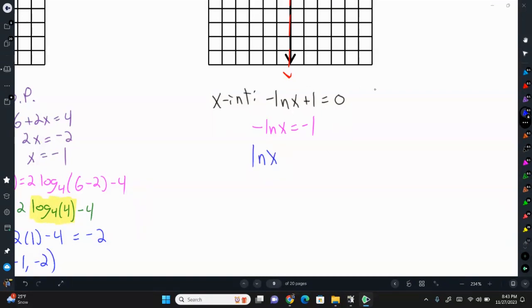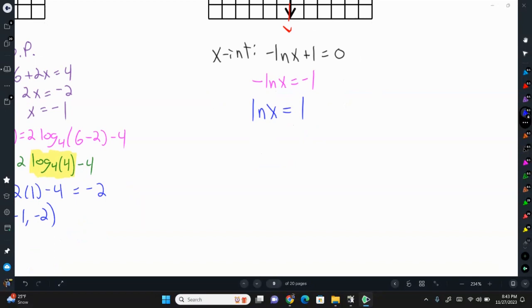We get ln of x equals 1. Now we're going to change this from log form to exponent form. So it becomes e to the first power equals x. Well, e to the first power is about 2.7. So our x-intercept is 2.7 comma 0.